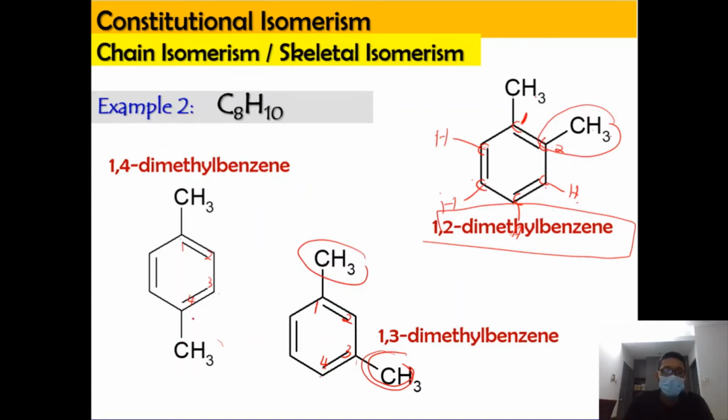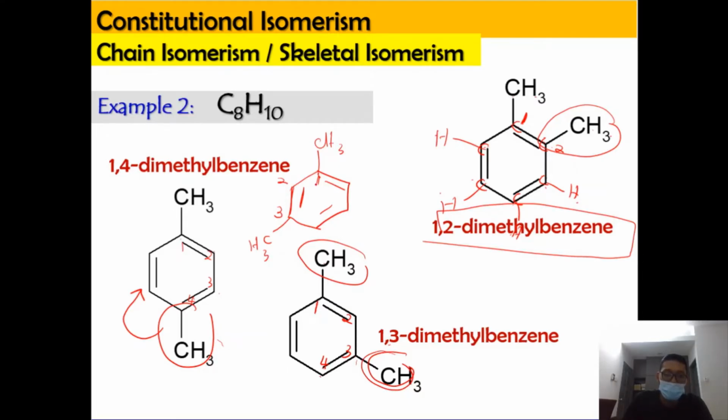All right, and you might have the tendency to bring this carbon into here. If you were to bring that, you will get CH3 and CH3. It is basically the same as this one, because it's going to be 1, 2, and 3, because it has the lowest.